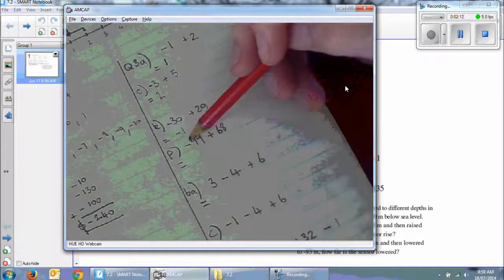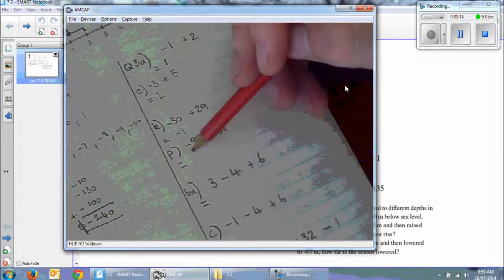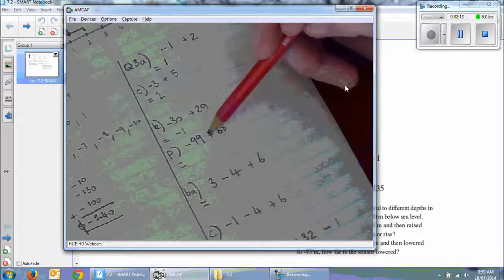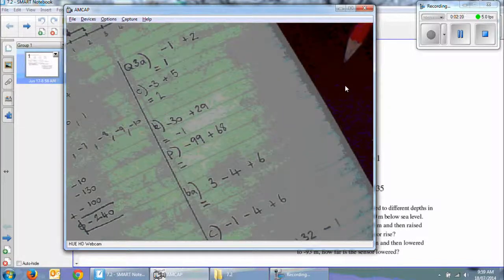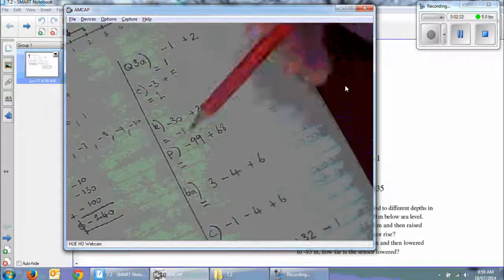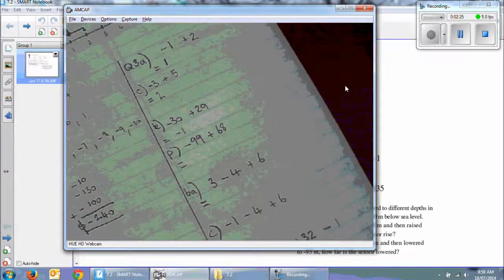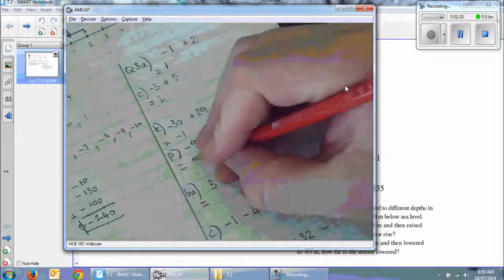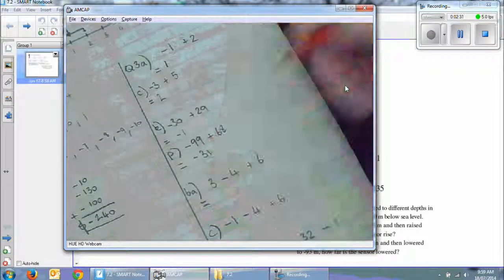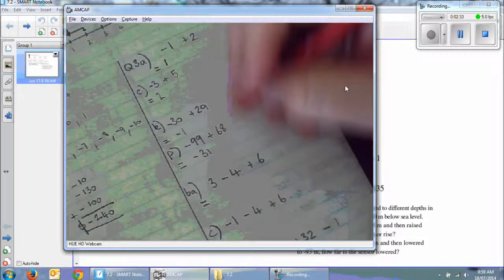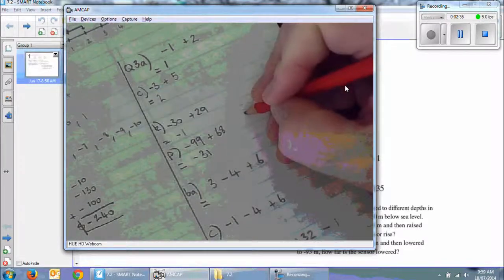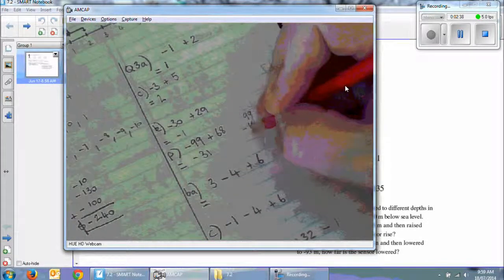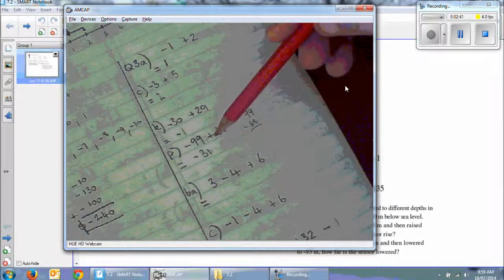Let's have a look at this one. In this scenario, I owe someone $99, and I pay them back $68. So if I owe someone $99 and I pay them back $68, I end up still owing them $31. Now, if you want to set that out, you could always just set it out like this: 99 take 68, because we're paying back debt.